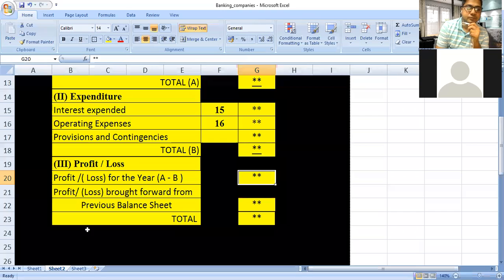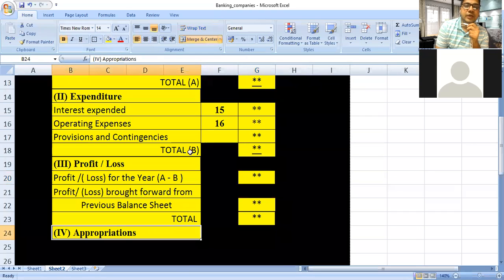Then, friends, we have to consider the fourth part of the profit and loss account, that is, appropriation. One more thing to keep in mind: under a banking company, appropriation is a part of the profit and loss account. In company accounts, appropriation is not a part of the profit and loss statement, but in a banking company it is one of the parts of the profit and loss account.